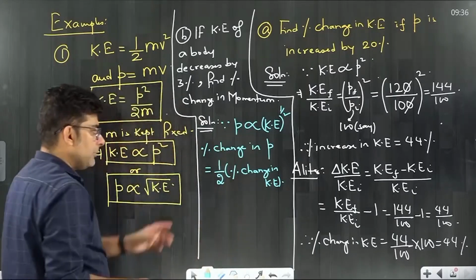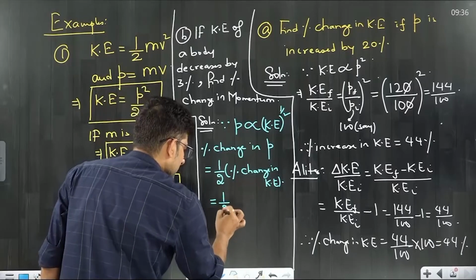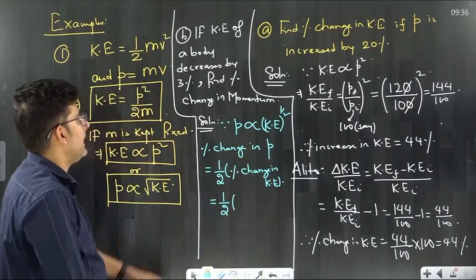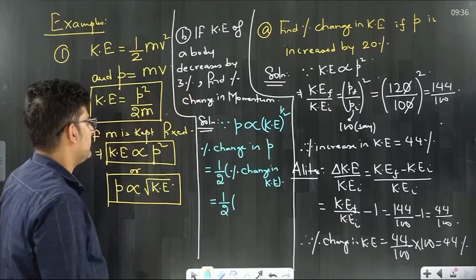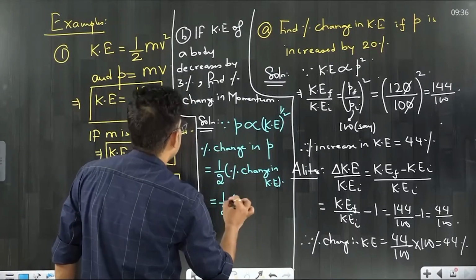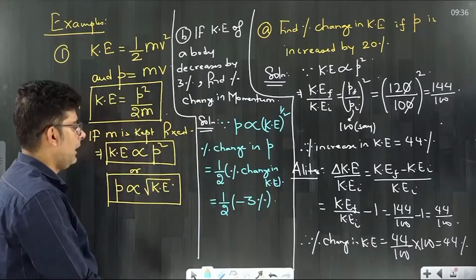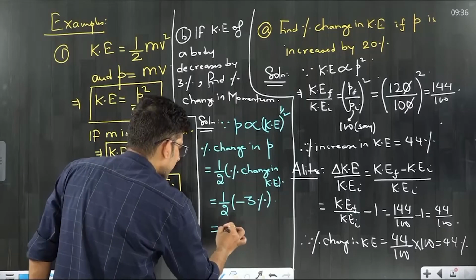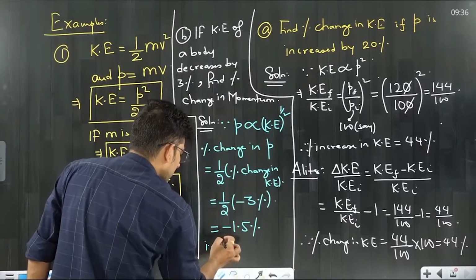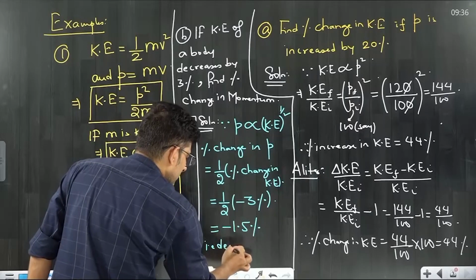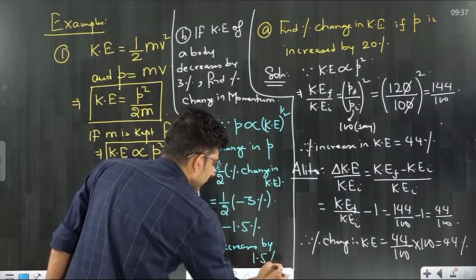So why have we used this? Because it is a small change. Now focus on one thing: percentage change in kinetic energy, they are saying it is decreased. So this will be minus 3%. When you divide by 2, you get minus 1.5%, that is, it decreases by 1.5%.